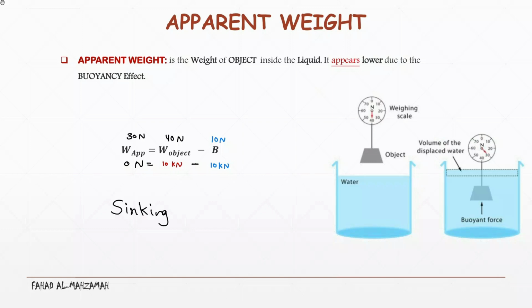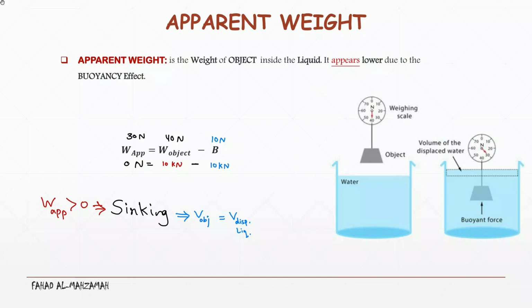Because the apparent weight is greater than 0, and since it's sinking, we can understand that the volume of object is equal to the volume of displaced liquid. You see, when you understand the points, you can solve the problems easily, but you need to gather them and make logical sense of these points.